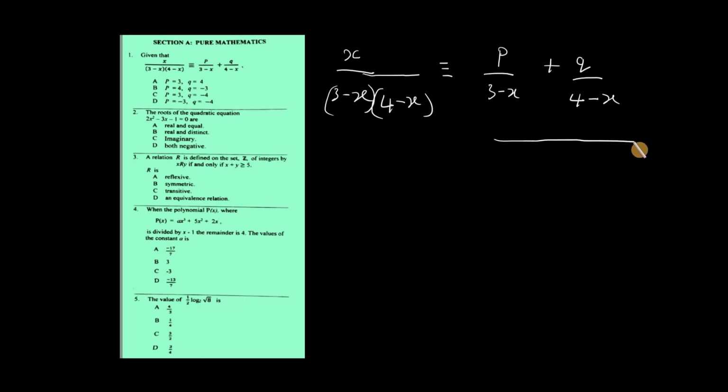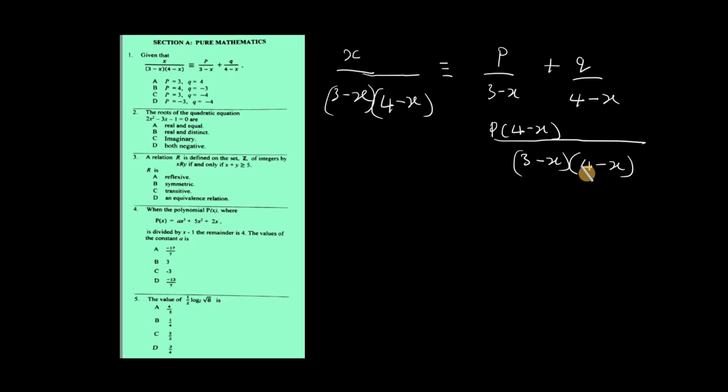The LCM here is 3 minus x times 4 minus x. 3 minus x cancels here. I'm going to be left with 4 minus x. 4 minus x times p is p into 4 minus x.